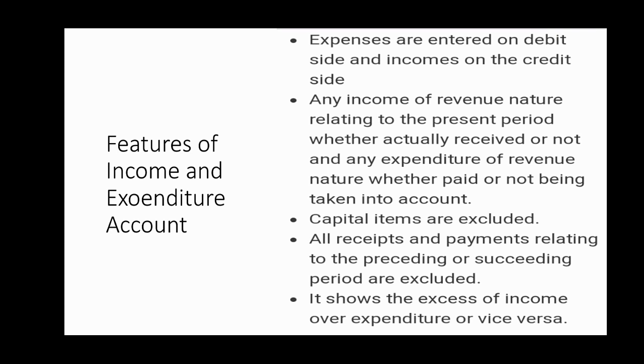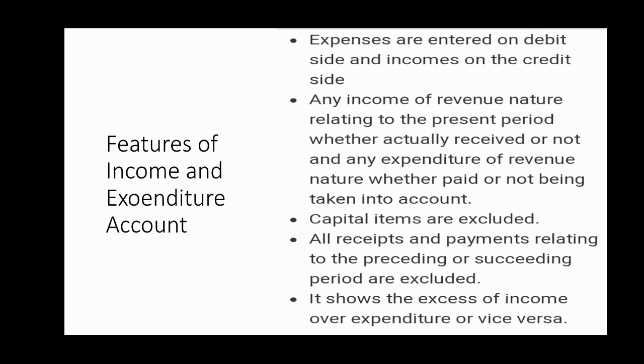Any income of revenue nature relating to the present period, whether actually received or not, is also very important. You know that there are two types of transactions, cash transaction and non-cash transaction. Whether received or not received in cash, or paid in the current year and related to the current year, we must show it.